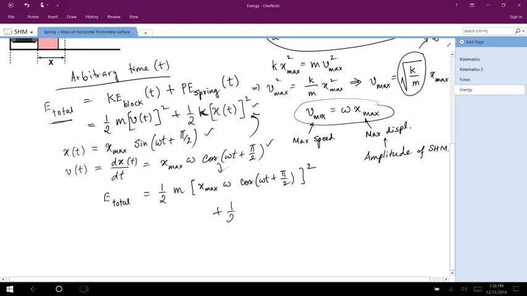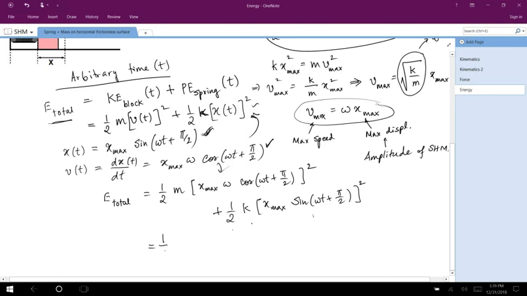And then we have the potential energy part, which is half k times x max sine omega t plus pi over 2, squared. We're just plugging this equation and that equation into the energy expression, and I missed a squared over there, so the kinetic energy is 1/2 mv squared and potential energy is 1/2 kx squared.